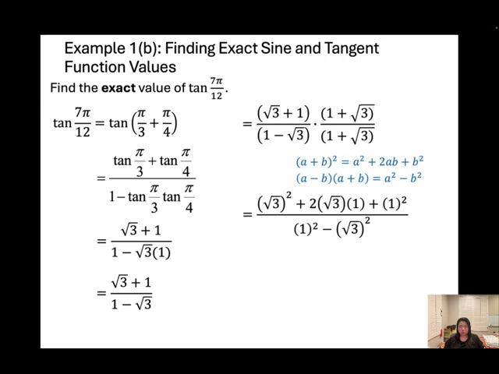Okay, check your work. You should get this one, right? 3 plus 2 square root 3 plus 1 over 1 minus 3. After you multiply by the conjugate, you should get rid of all the radicals in the denominator. Okay, combine the like terms. And we are not done yet.